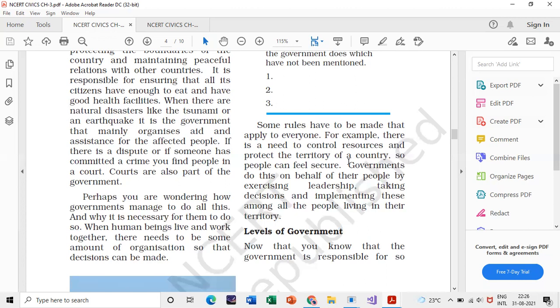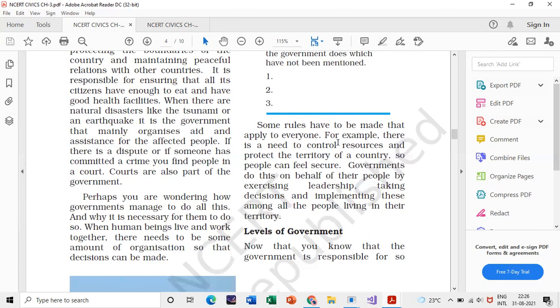And here is the answer, that some rules have to be applied to everyone. Why do you think so? If the teacher asks you for examples, you can give these examples, and this paragraph is important because you can underline the line that some rules have to be made that apply to everyone.